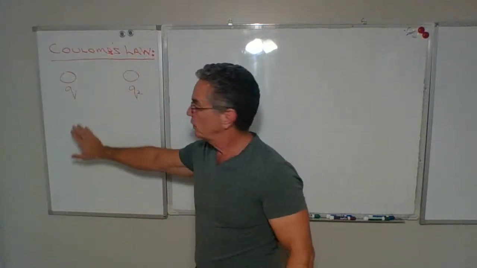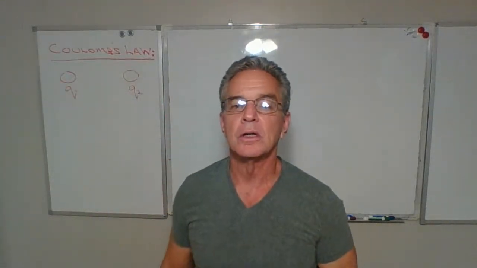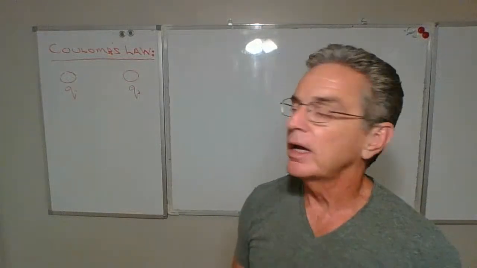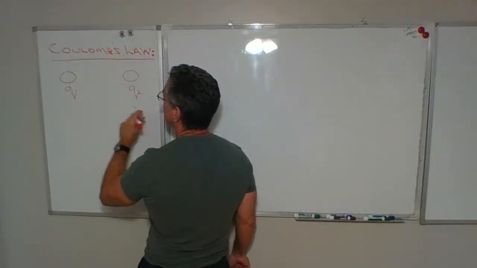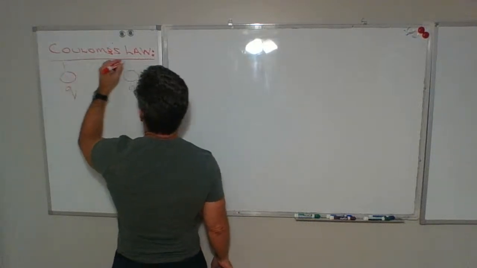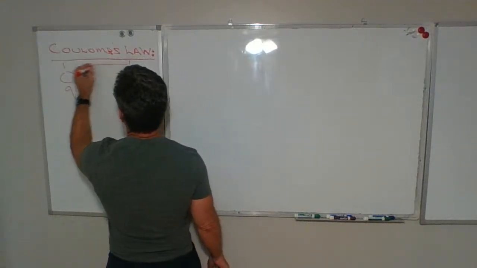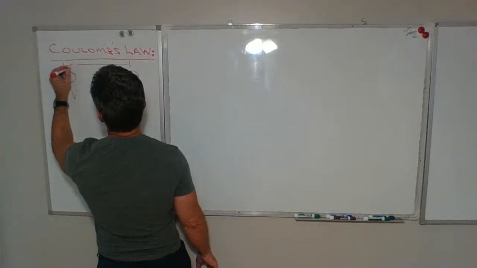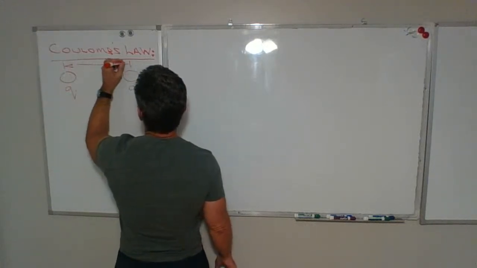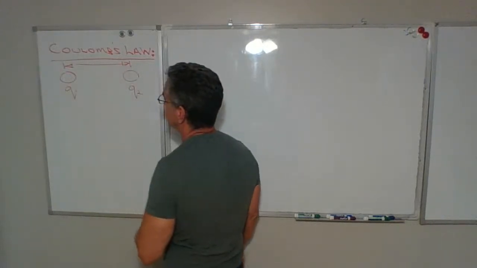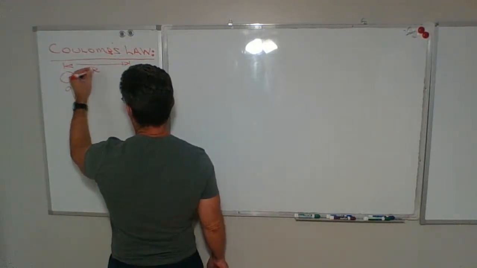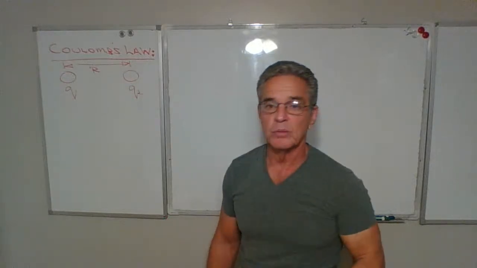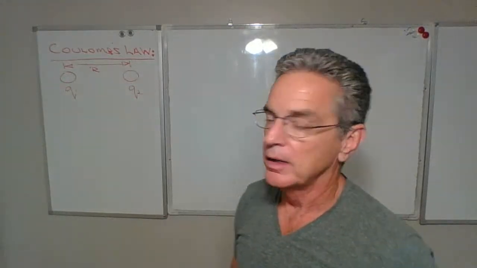Okay, Q is a symbol used to represent electric charge, and these two charges have values Q1 and Q2, and we can plug numbers into that later and see how much force is exerted between them. And let's say the separation distance is r, some radial distance.